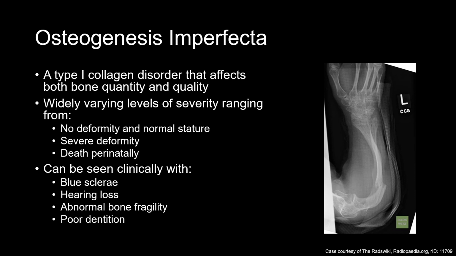So it affects quantity and quality, and that widely varying degree of severity can lead to minimal or even no deformity to severe deformity with death perinatally. So you can have a lot of fractures, and it's commonly seen with blue sclera, hearing loss, abnormal bone fragility, and poor dentition. So the teeth are also affected to a similar degree as the rest of the bones.